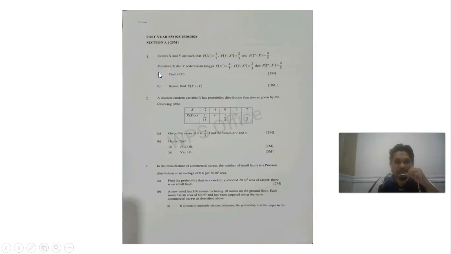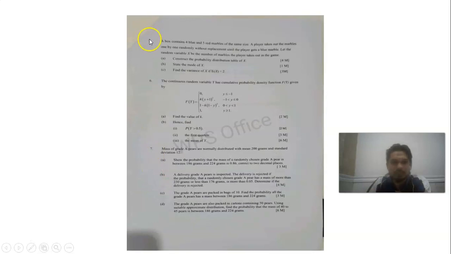So this is Section A, which provides 25 marks with 3 questions: question 1, 2, and 3. And Section B, 75 marks, which has 7 questions: 1, 2, 3, 4, 5, 6, and 7.